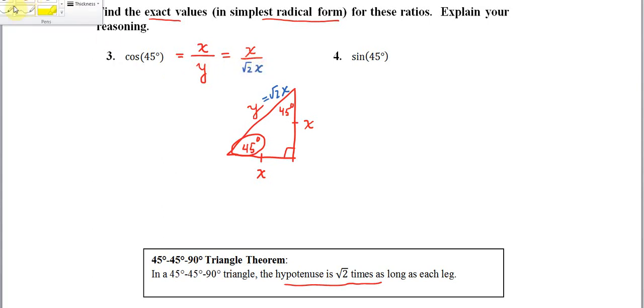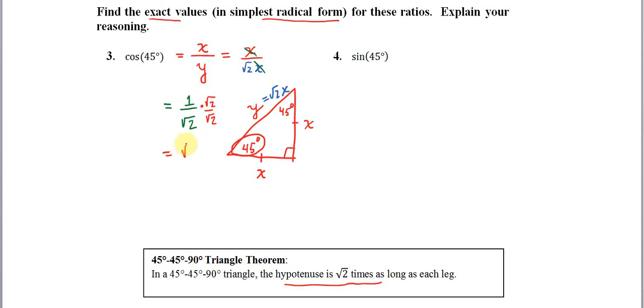Okay. Then our x variables cancel. In the numerator, we are going to end up with 1, and in the denominator, we're going to end up with the square root of 2. Now we want to make that in simplest radical form, so we're going to multiply by a special version of the number 1, root 2 over root 2.